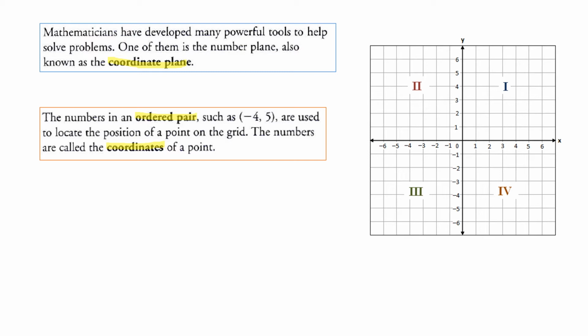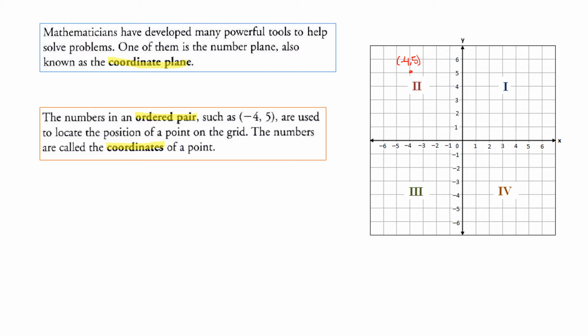I'm going to put a dot on negative 4, 5. So negative 4, I'm going to the left 4, and I'm going up 5. There's negative 4, 5. That's called an ordered pair. That's very formal. I don't use that phrase very often. More often I'll say that's my coordinate, or that's my point. So highlight those words that are in bold.